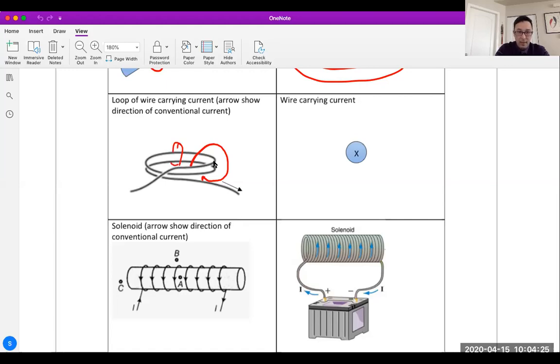And here, current is running towards us. So the magnetic field is this way, up, out, around, and back in, like that.